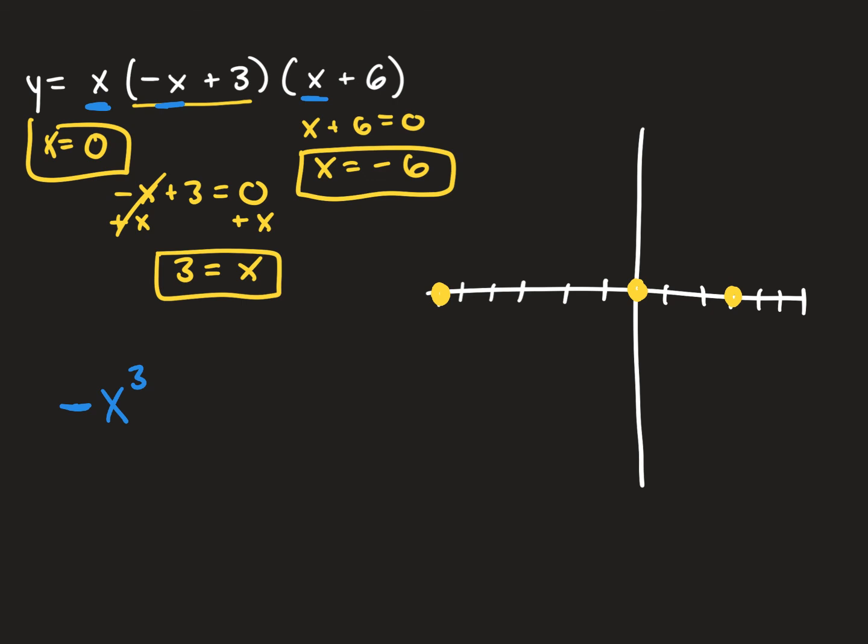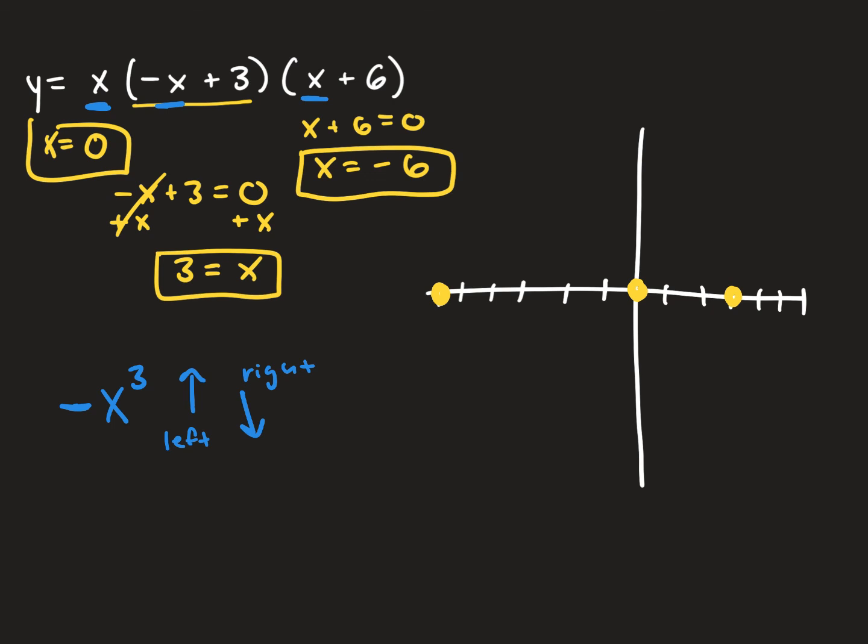So it's negative, so the right one goes down, and then is it even or odd? It's odd, so what does the left one do? Up. They go in opposite direction. So the left one is up, the right one is down, because it's negative, so our right arrow went down.